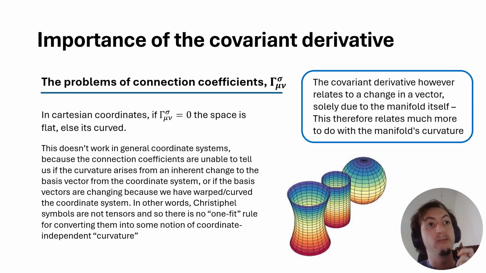However, the covariant derivative is a tensor and therefore has coordinate independent meaning, and the covariant derivatives will be able to describe curvature. We've seen that they can do that through parallel transport, but if we're interested in calculating an average curvature, we want curvature over the manifold, so we want a tensor, ideally a rank 2 tensor involving curvature, and we're going to be working towards that.